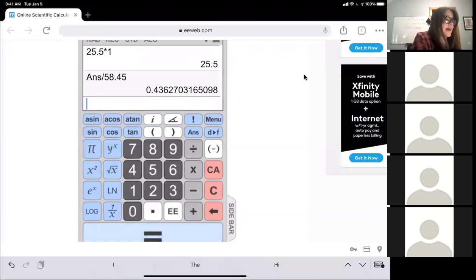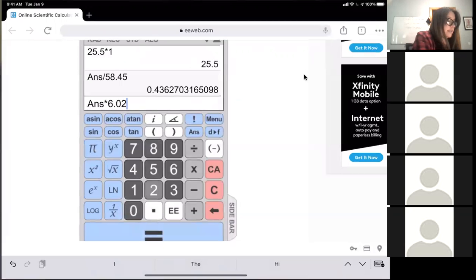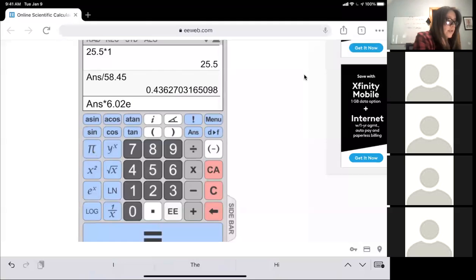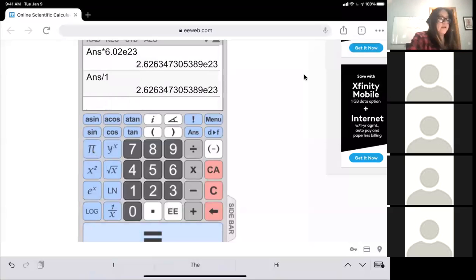You're going to multiply that number times your particle, 6.02 e to the 23rd, equals, and then divide that by 1. And you should get a number: 2.62634, blah, blah, blah. So we're going to do 2.63.